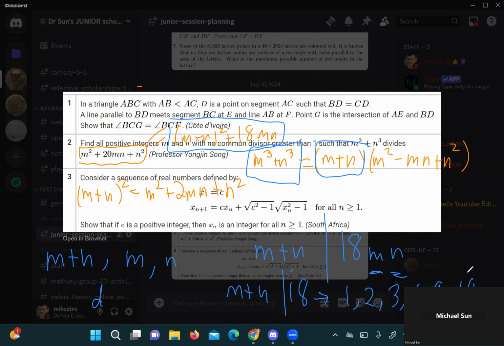Alright, anyone done any cases? So m plus n is either 1, 2, 3, 6, 9, or 18. Oh, we're trying to. Yeah. You can probably rewrite this as m plus n, oh wait, it's all squared minus 3mn or something.